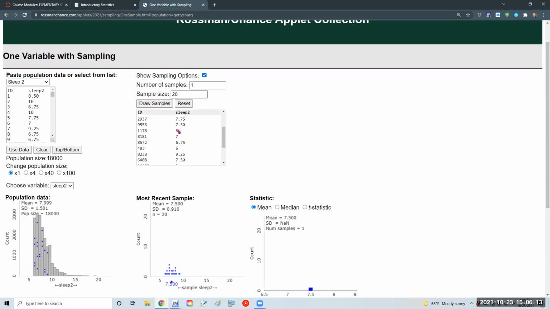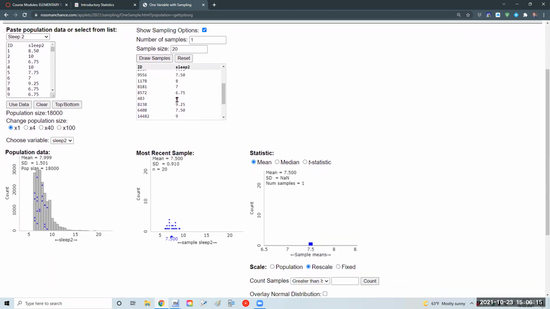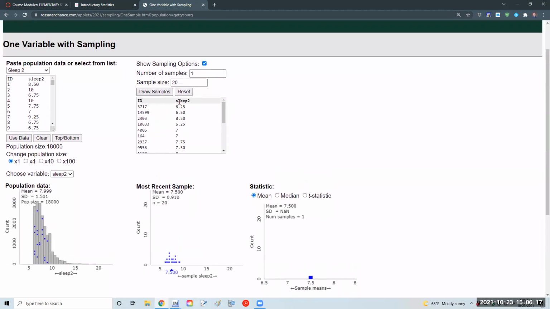And here's that one sample of size 20. I've got the ID numbers and also the actual sleep hours. The dot plot of that sample is down here. Each one of these dots has a corresponding dot over here from the population, so you can see the location of where the data was taken from.